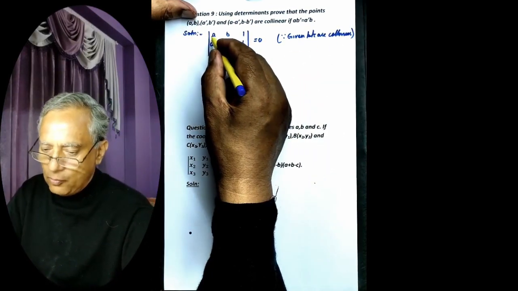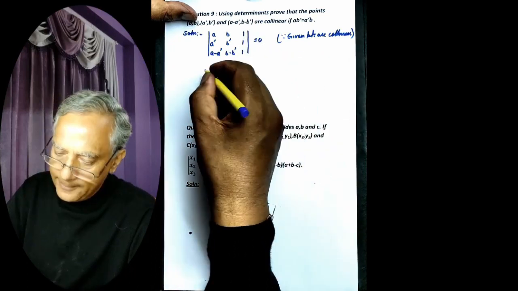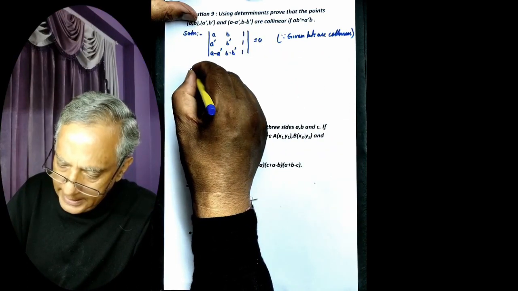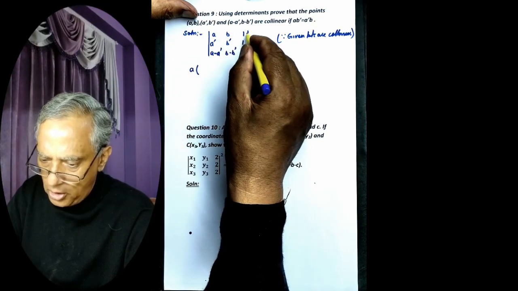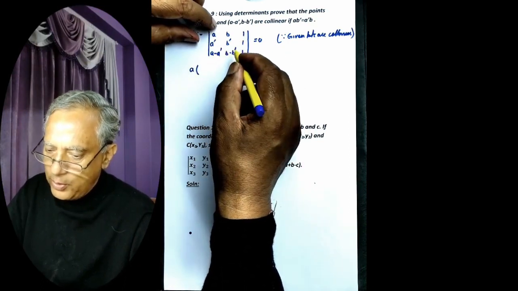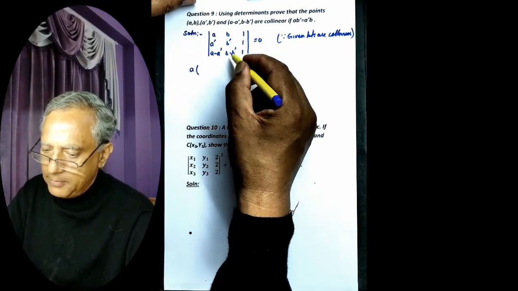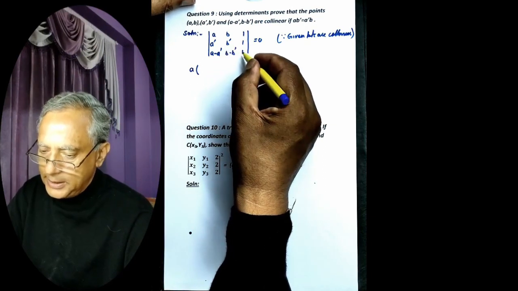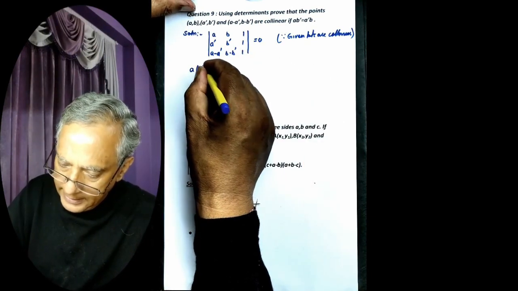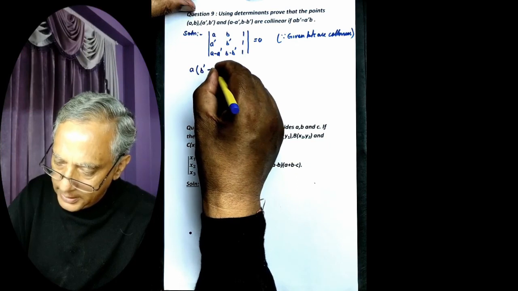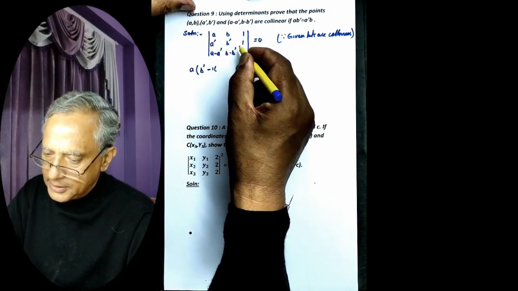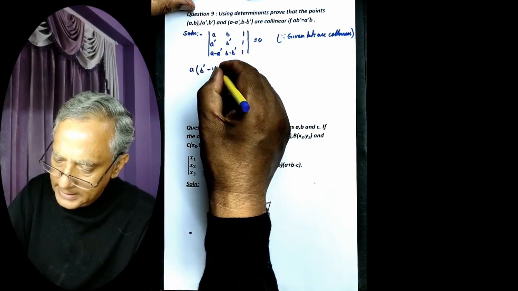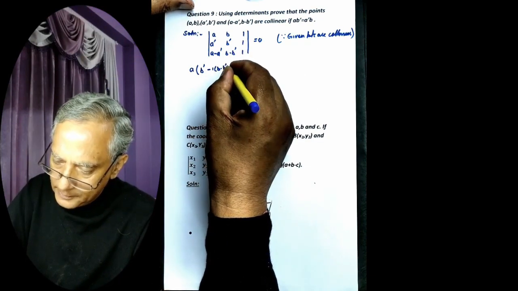Now we expand it from say R1. So what we get is A into, now this row is gone, this column is gone. We are left with B', 1, B minus B', 1. So this into this is B' minus 1 into this is B', this into this is 1 into B minus B'.